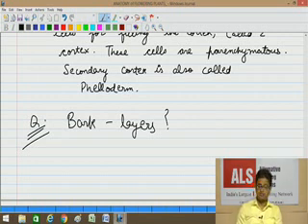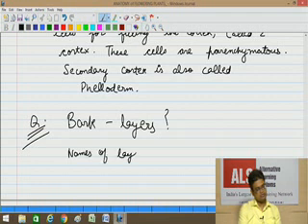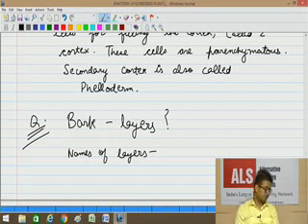So this is a question. I want the names of the layers. You will have to tell me the names of the layers, and I will discuss this in the next class. I will also make a PPT for you for the secondary growth portion.